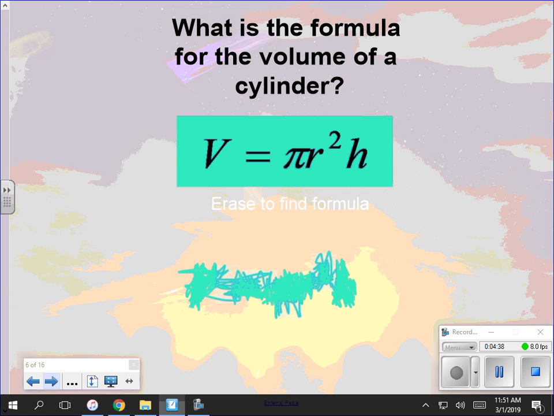Some of them were cylinders for some of the objects you were filling or draining. That one you're expected to know. You're not expected to know volumes of spheres or volumes of cones. If a cone is involved in the problem, the AP will give you the equation for the volume of a cone. They will give you the equation for anything to do with a sphere, the surface area or volume. They expect you to know this one. I expect you to know this one.